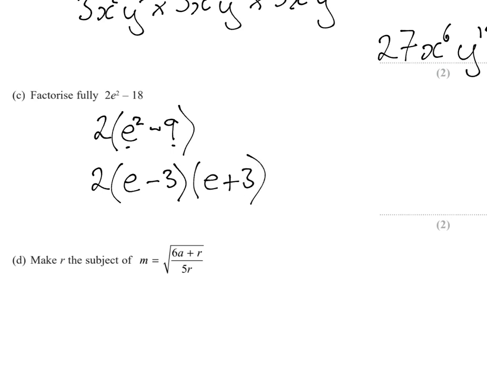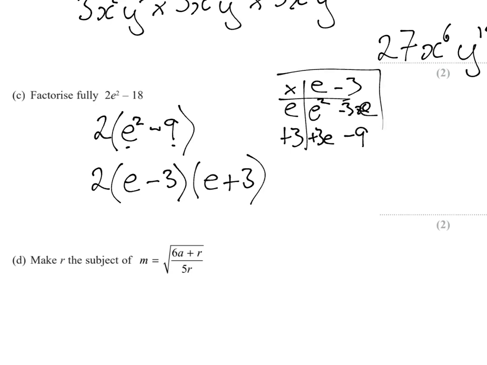If we just multiply that out, just to check, e minus 3 times e plus 3, we've got e squared minus 3e plus 3e minus 9. Okay, which is what we want, e squared, 3e's cancel, minus 9. So that is our answer.